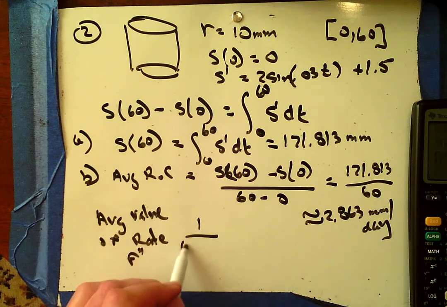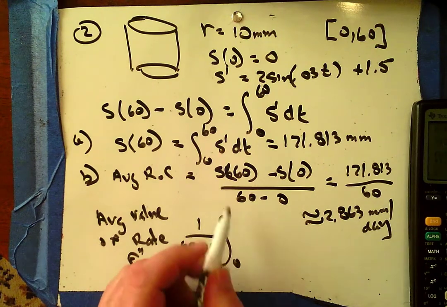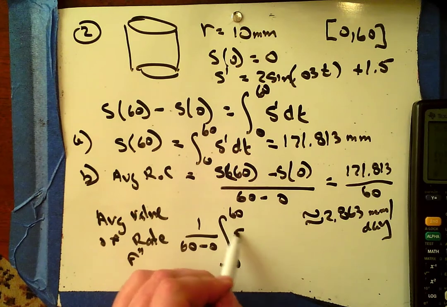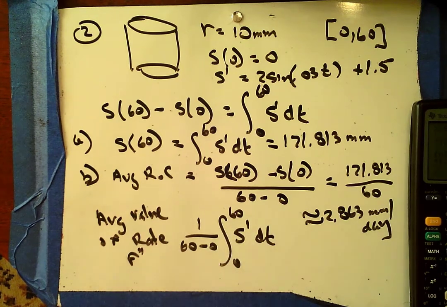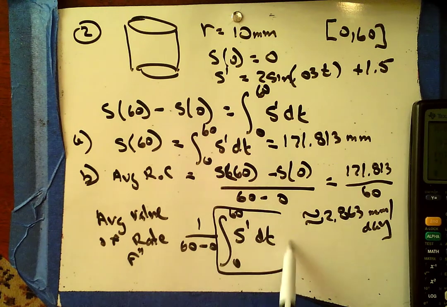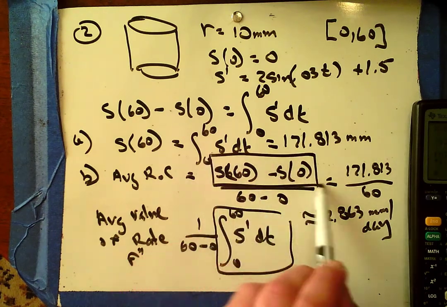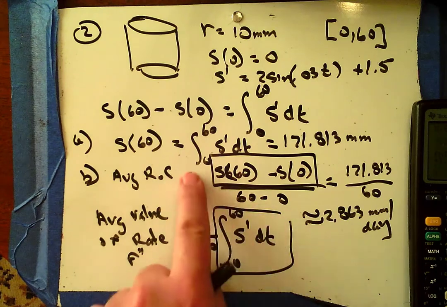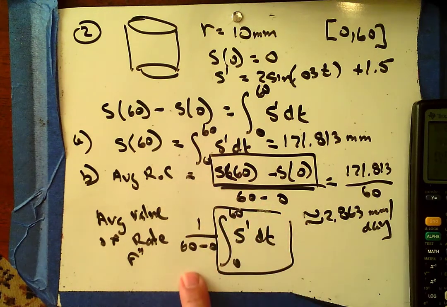You could also think about this as the average value of the rate function. And so do 1 over 60 minus 0 times the integral from 0 to 60 of S prime dt. But we know from FTC2 that this is going to be equal to that, and there's our 1 over 60 minus 0 out in front.